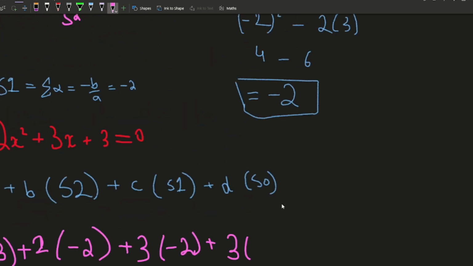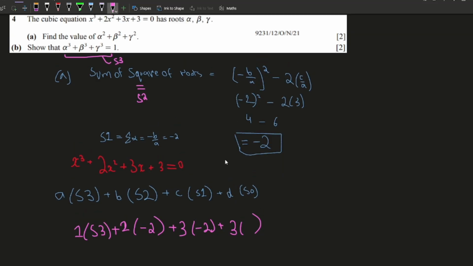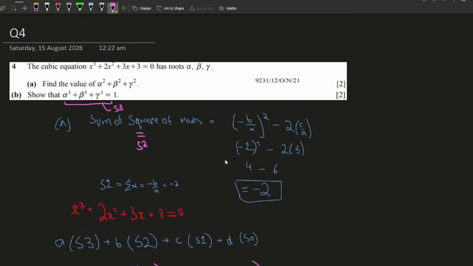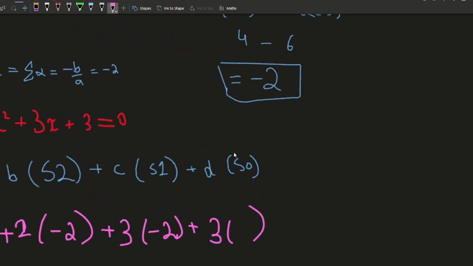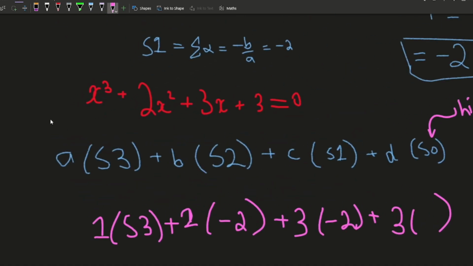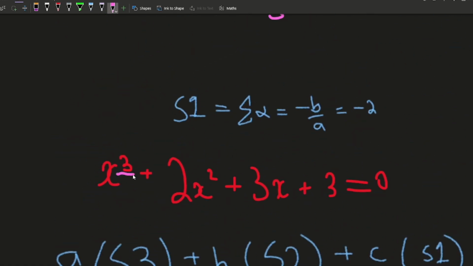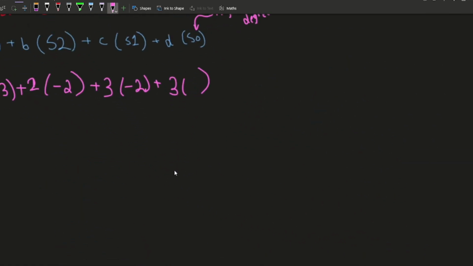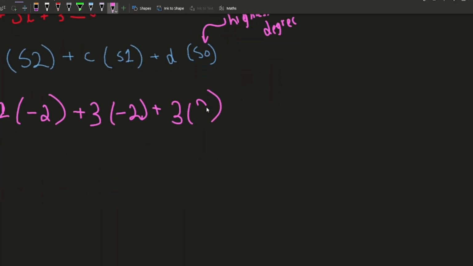And S0: in the last class, I taught you a trick where S0 is always equal to the highest degree of that equation. The highest degree of this equation is 3, so S0 would be 3.